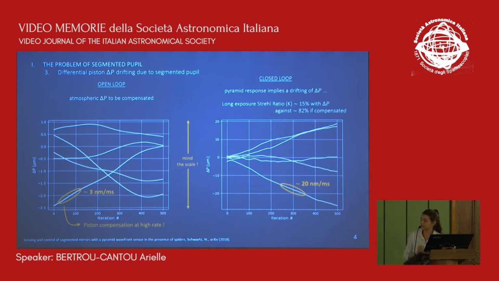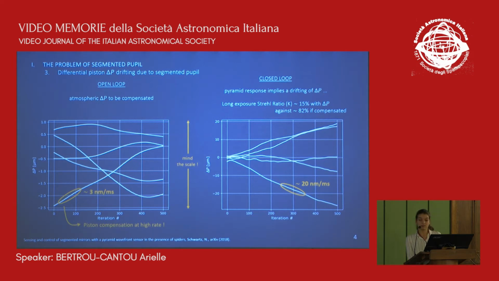So, the effects of this differential piston. First, on the left side, we have an open loop. We just look at the atmospheric differential piston. And what we notice here is that it already drifts quite rapidly. So that means that the compensation needs to be made at high rate. We cannot wait for 1 second to do this measurement.